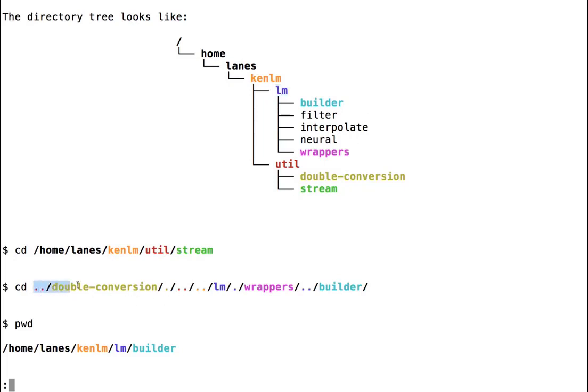And so, ../double_conversion/./../../lm/./wrappers/../builder refers to home, lanes, kenlm, lm, builder.